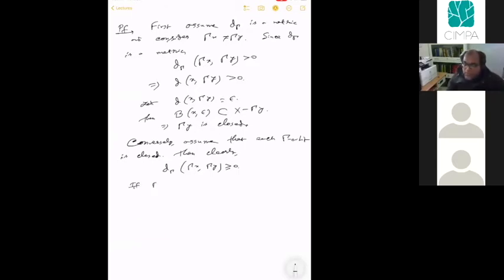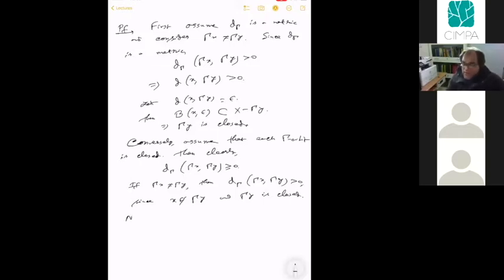If gamma x is not equal to gamma y, then d gamma of (gamma x, gamma y) is greater than 0, since x is not in gamma y and gamma y is closed. So you can separate these two orbits.